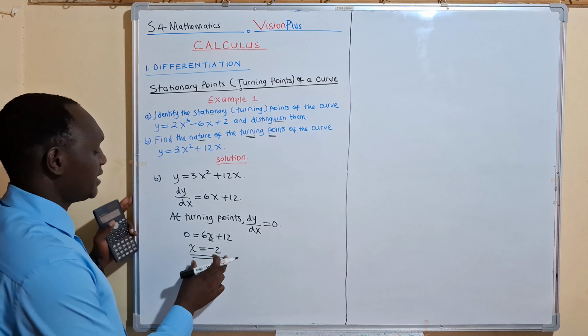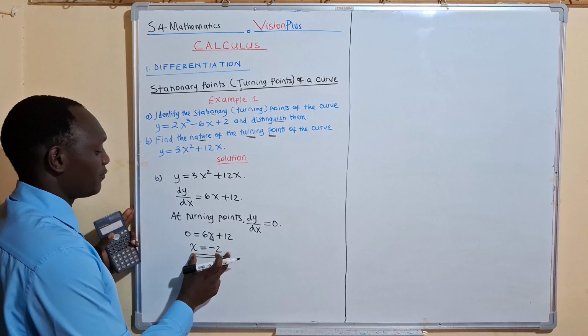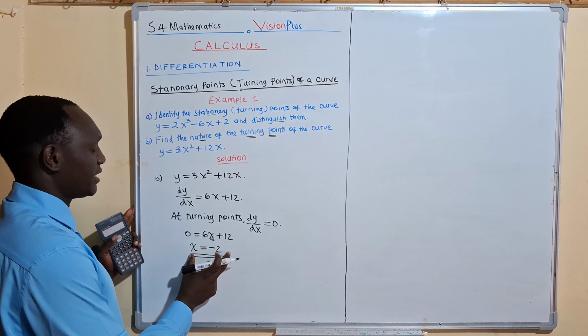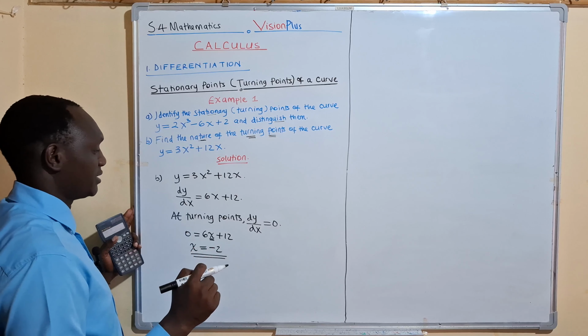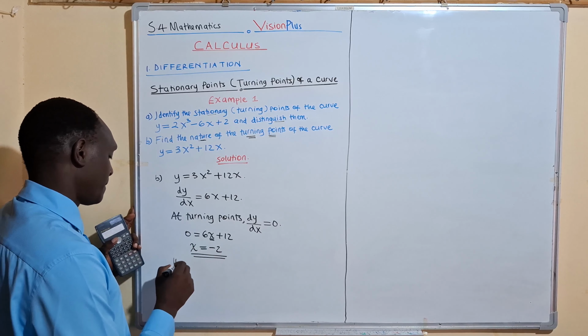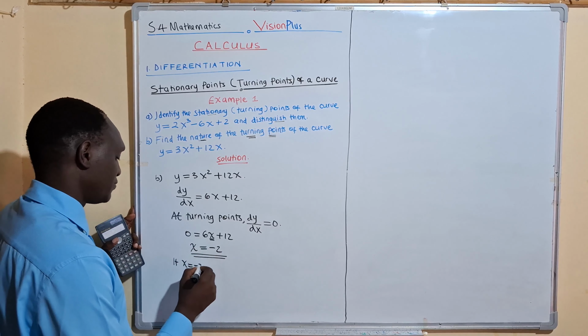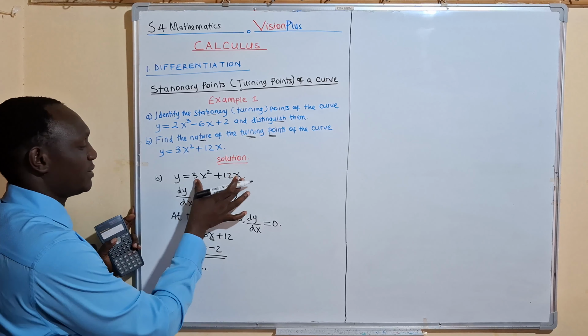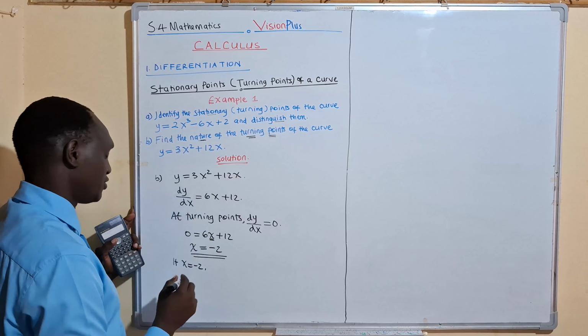Now, what is the corresponding value of y at the turning point? Because remember, a turning point is a coordinate point. So if x equals negative 2 at the turning point, what is the value of y? You substitute for it in the function of the curve.